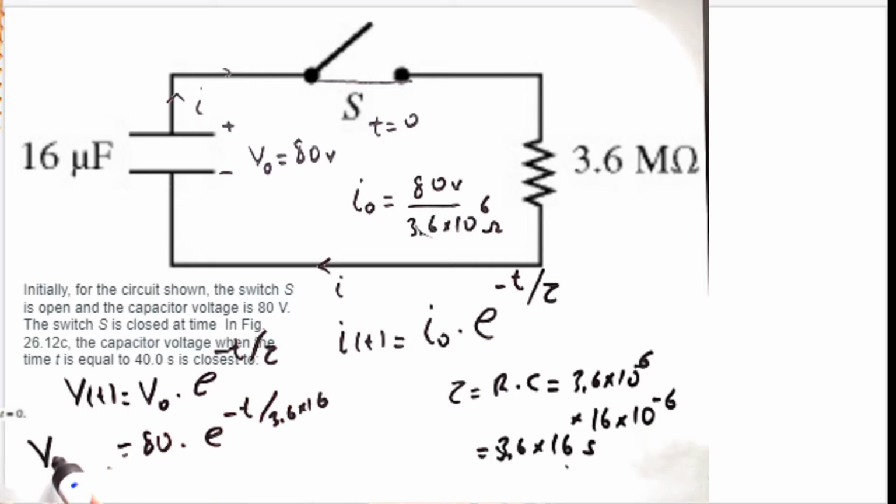So instead of t, you put 40: minus 40 divided by 3.6 times 16 in the exponential factor, multiplied by 80, is the answer to this question. Okay. Do you have any questions for this?